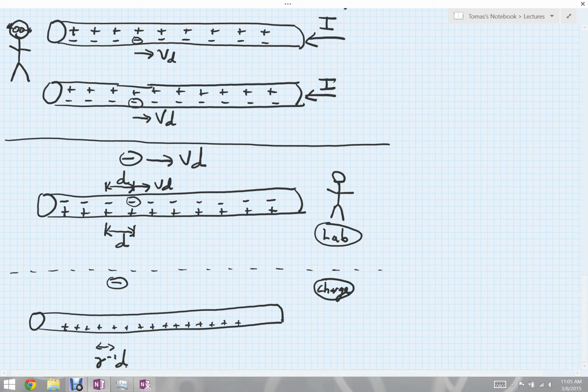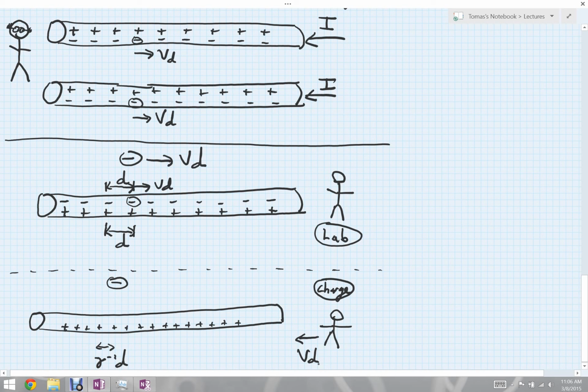Now there's another interesting effect that goes on here. As far as the charge is concerned, remember also the person who was standing in the laboratory frame, that person now is moving this way with a velocity v sub d, right? This drift velocity that the charge had.